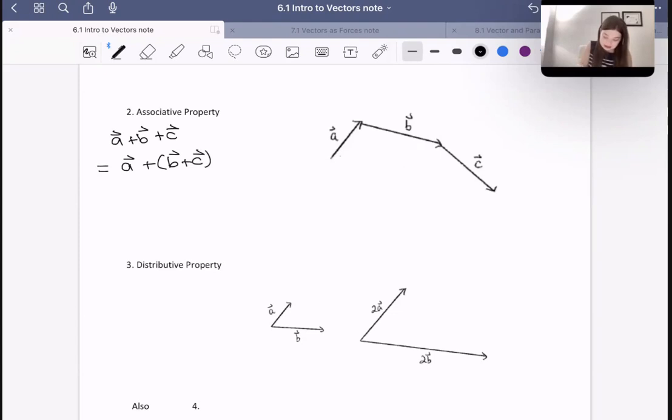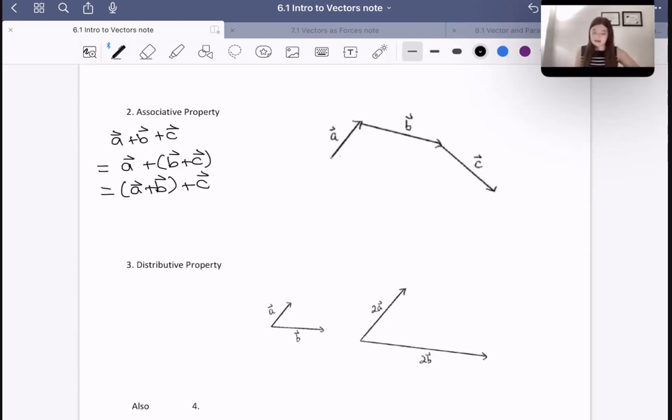This is also equal to (vector A plus vector B) in brackets plus vector C. So in other words, it doesn't matter whether we add A and then B then C, or whether we add A and B first and then add C, or if we do B and C first, then add A. Either way, we're going to get the same thing.